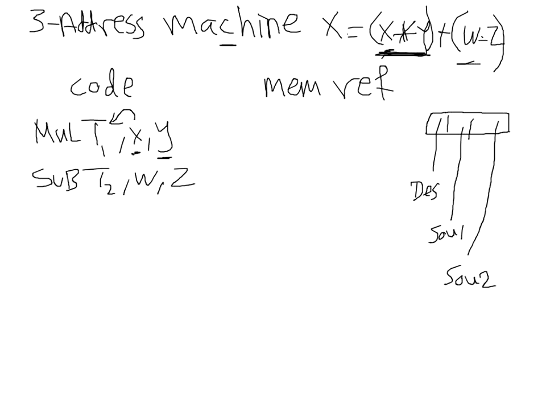How many times do we need to access the memory? It's 3 times: 1 to get the value of X, 1 to get the value of Y, and 1 to store the result inside T2. Similarly here, we get the value of W, then the value of Z, then store the value in T2.